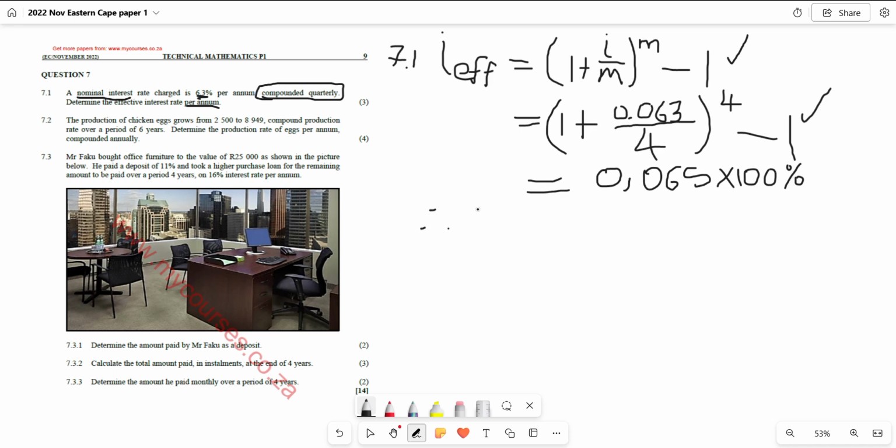Therefore, I effective will be equal to that multiplied by 100%. Then we have 6,5% per annum.